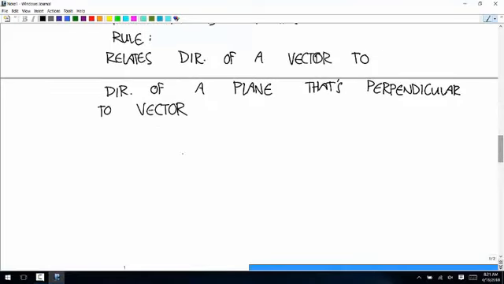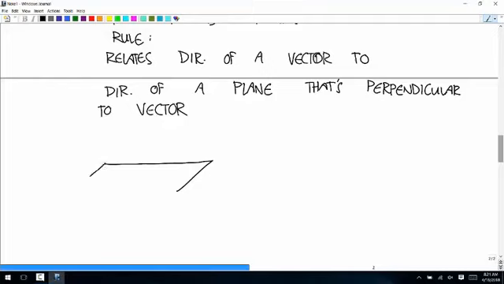Okay, so if that's a plane, those two vectors are both perpendicular to that plane.